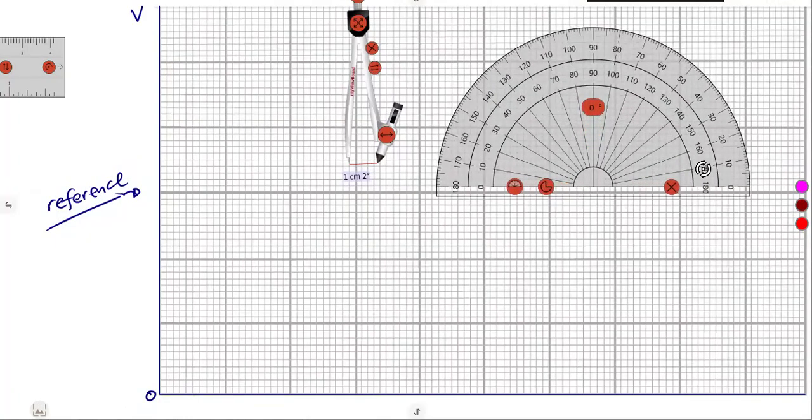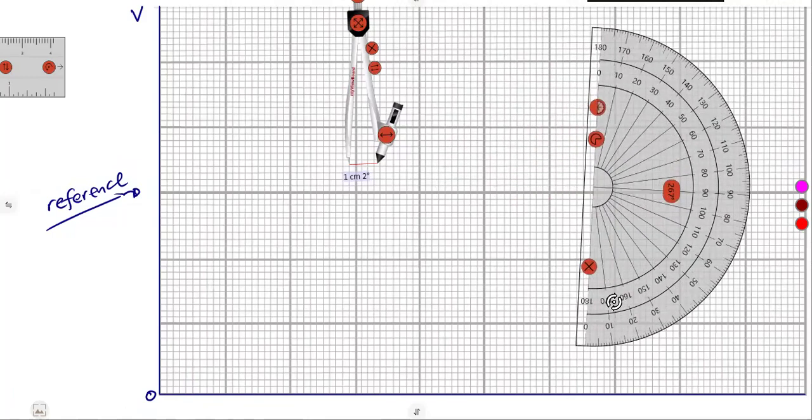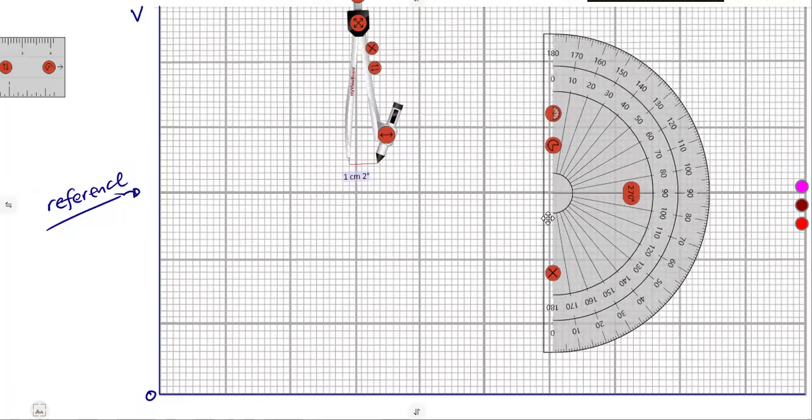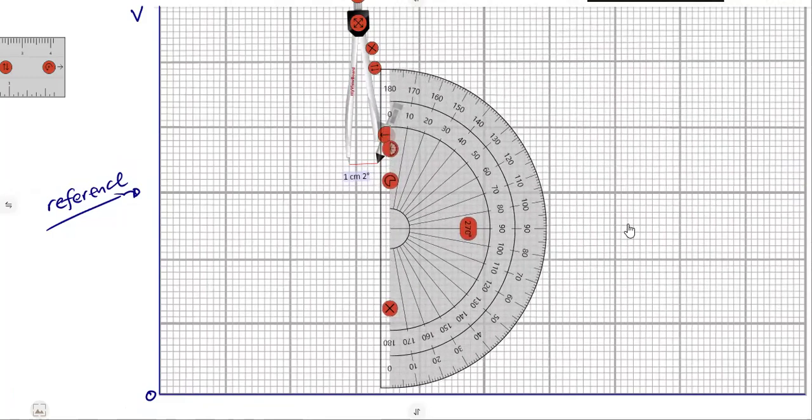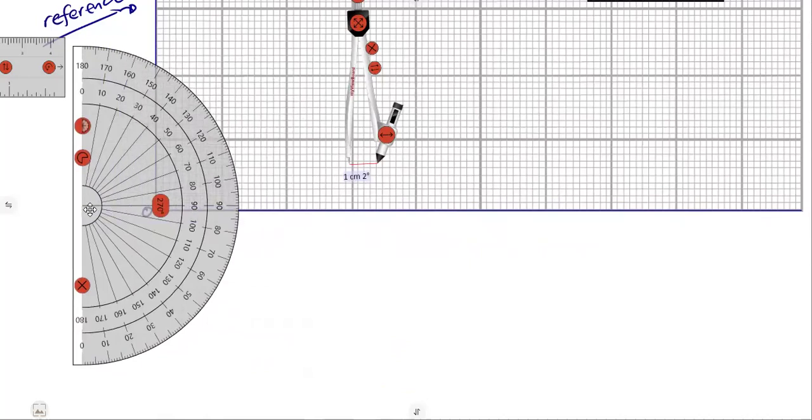Since we want to measure this, let us just rotate. So we must have this in a vertical line at the origin. Okay, so this is our origin here. Make sure that this plus here, this line that is going to 90 degrees, and this vertical line, are on the origin.